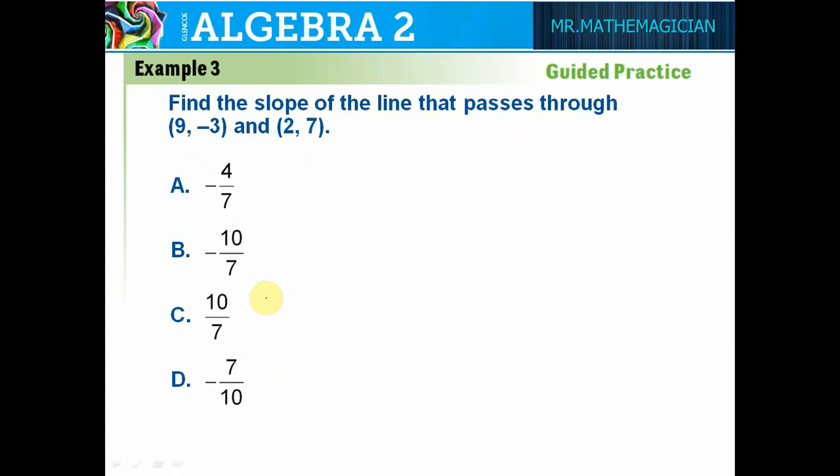Now it's your turn to solve. Find the slope of the line that passes through (9, -3) and (2, 7). And you will find the answer will be, yes, it should be B. Let me show you how.